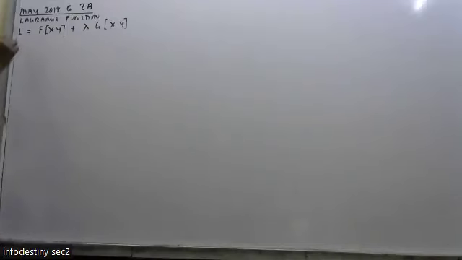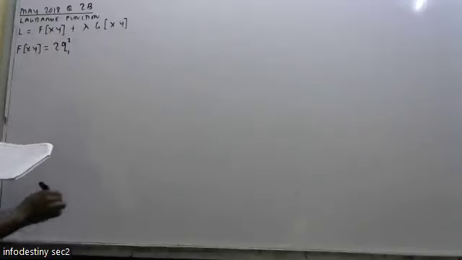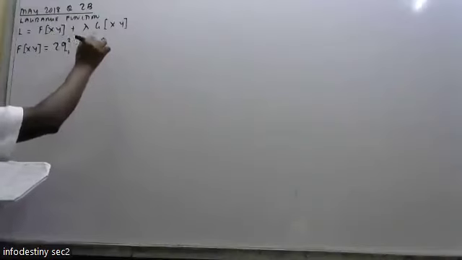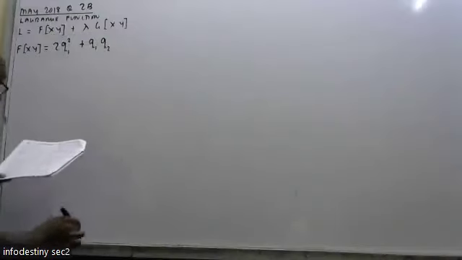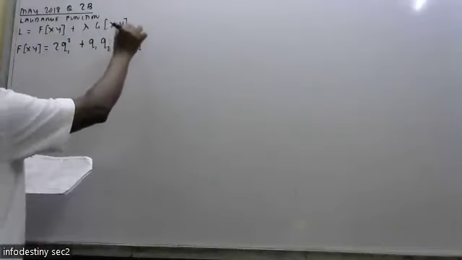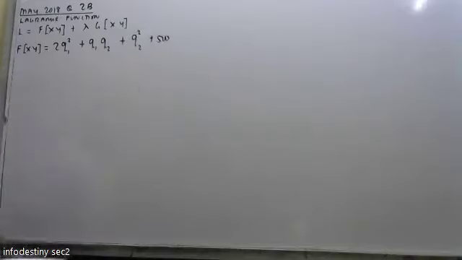So F of XY is the function whose value you want to minimize or maximize, which in this case is given as 2q1 squared plus q1 q2 plus q2 squared plus 500.